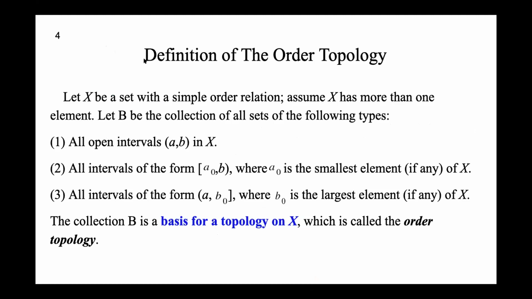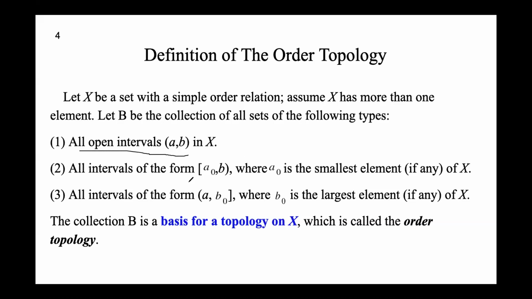So the definition of the order topology suggests that if we have X a set with a simple order relation, and we assume that it has more than one element, of course, and we consider the collection of all sets of these types. The first type would be all open intervals (A, B) in X. The second one would be all of the form half open [A0, B), where A0 is the smallest element of X, if there is any, of course.